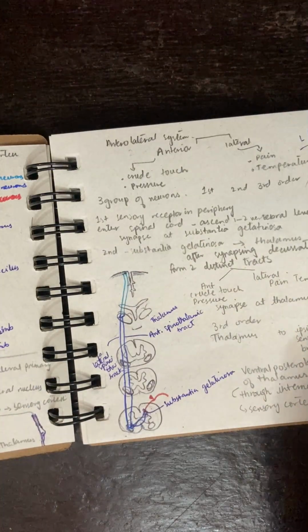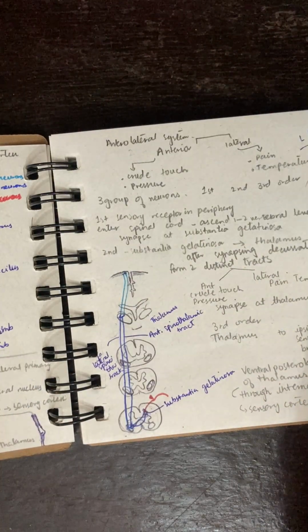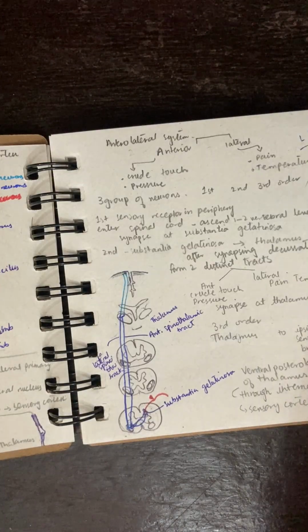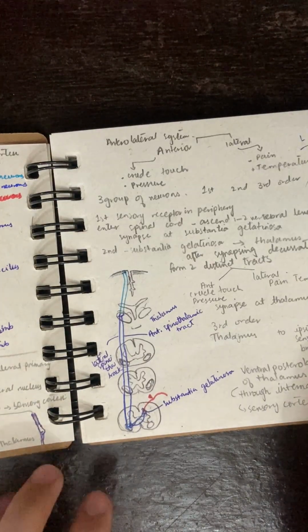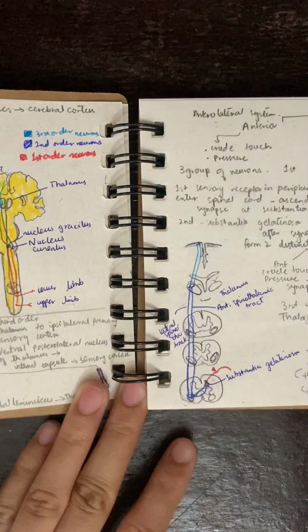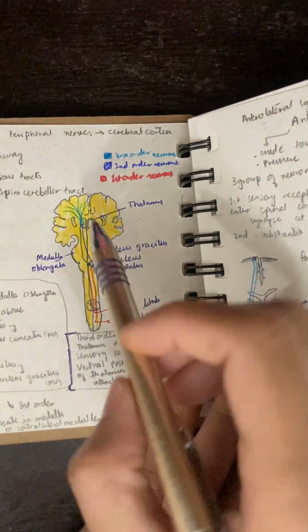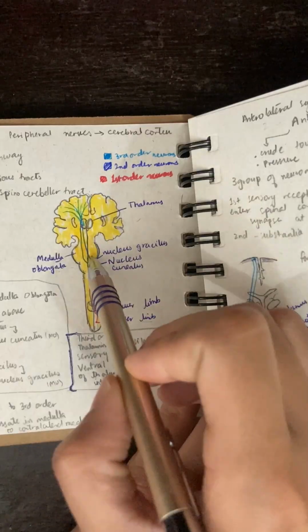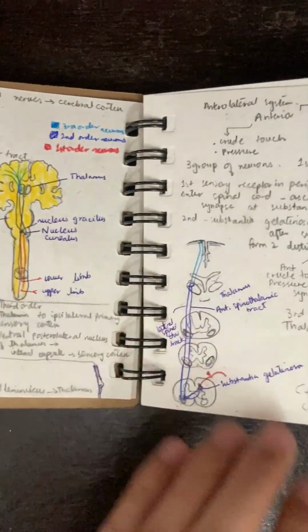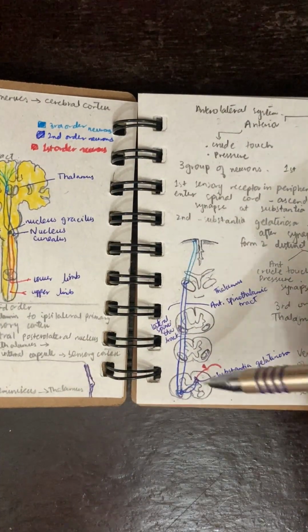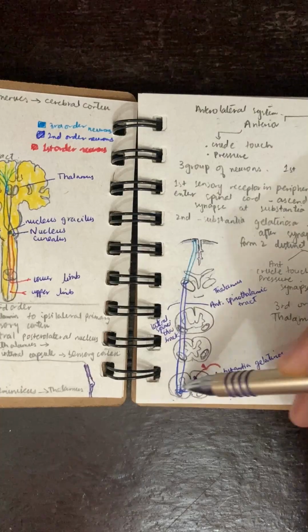Now, there is a difference here in the decussation. In the dorsal column medial lemniscal pathway, we have seen that there is decussation at the level of medulla oblongata, while in the anterolateral pathway, there is decussation at the level of spinal cord.